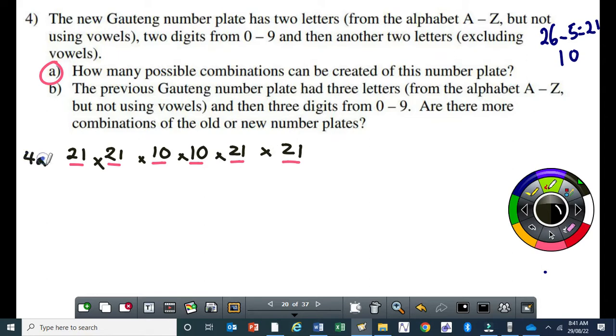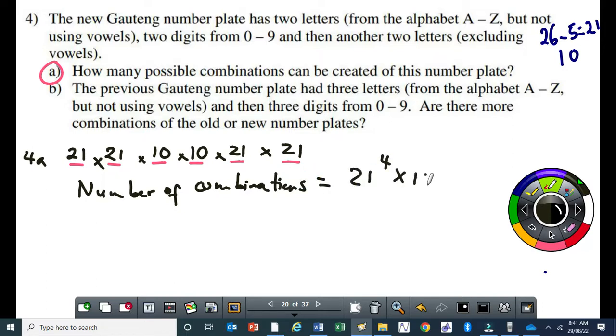Remember, this is 4A. So the number of combinations will be equal to 21 to the power of 4 times 10 squared.